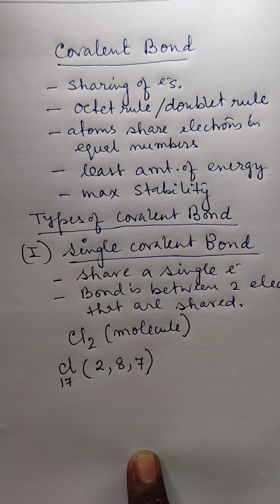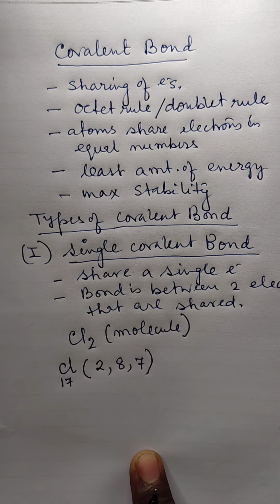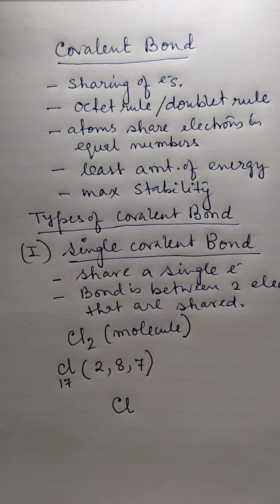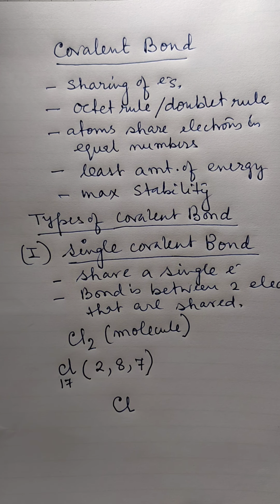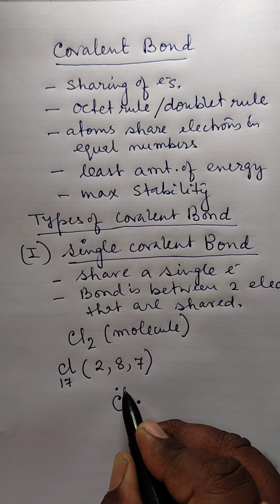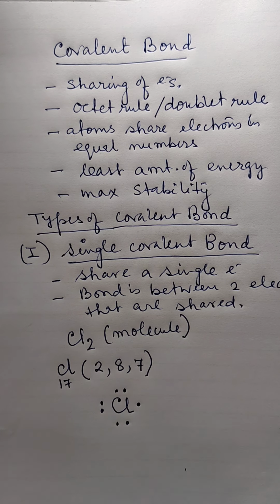As chlorine has 7 electrons in the last shell, its tendency is to have the stable octet by accepting 1.